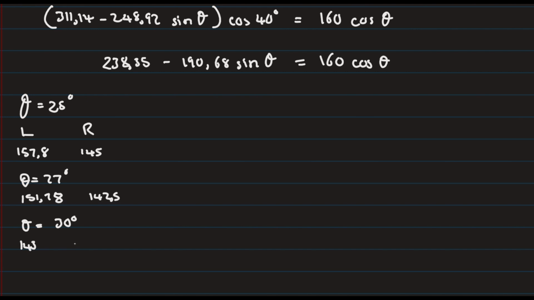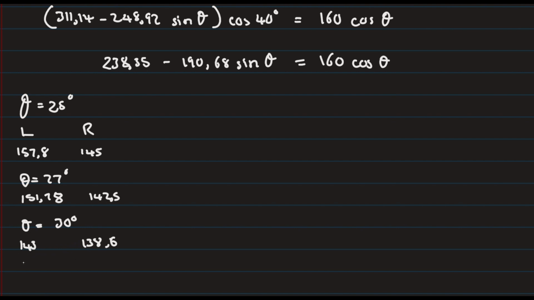On the right hand side we get 160 cosine of 30, which is 138.6. So the numbers are getting closer and closer together now.